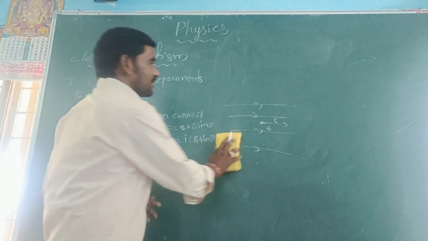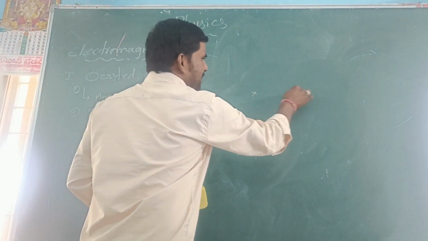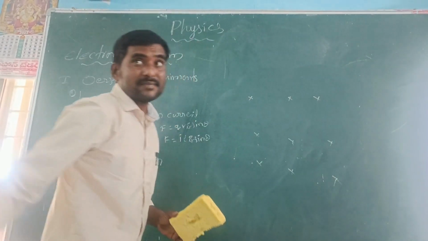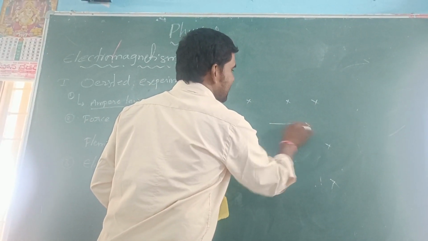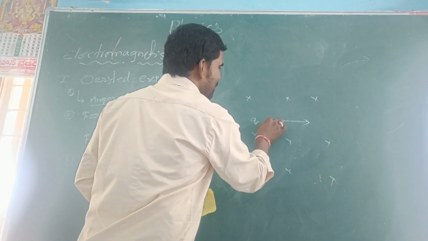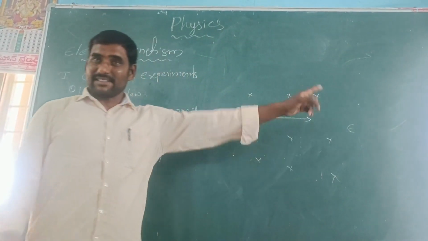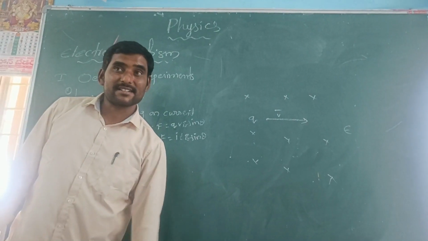See an example here, very simple. The magnetic field is into the paper. The current, a charge Q, is going in the east direction, east or right. What is the force direction?